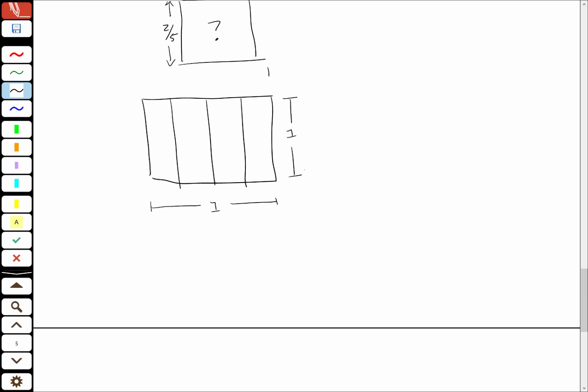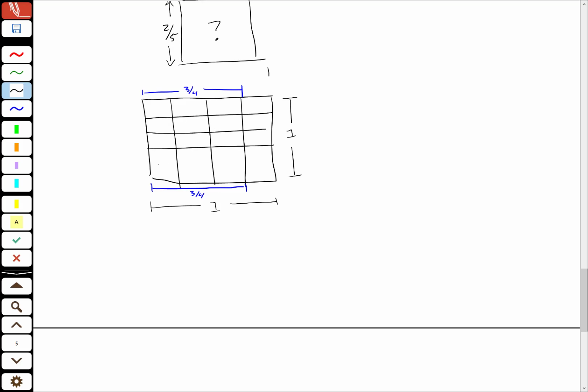And the entire width of this box is 1, right? But the length that I want is just 3/4. So I'm going to picture that on the box. And I'm going to shade this in. Oh wait, I'm getting ahead of myself.